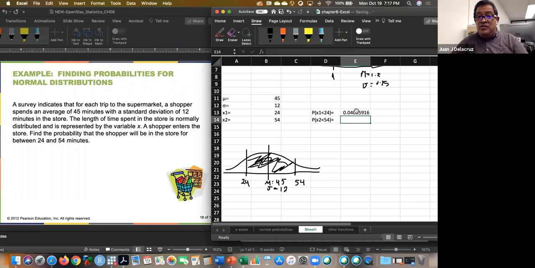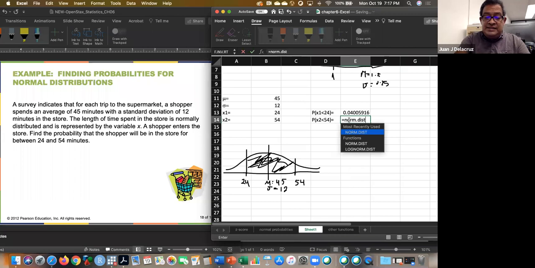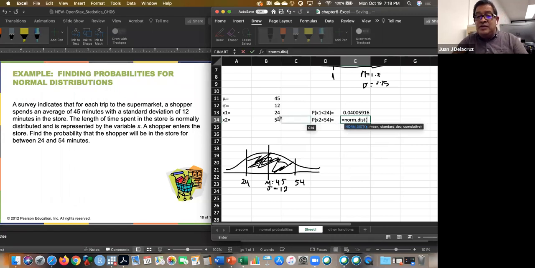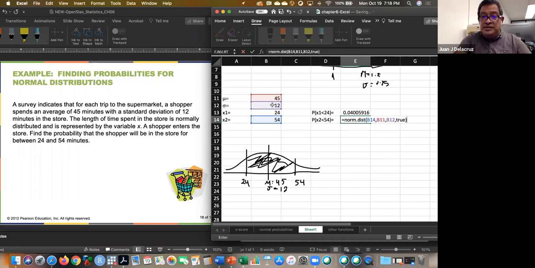So this is the value of 24, and the value of 54 is going to be equal to NORM.DIST. So the value of X is going to be 54. Then the mean, once again, 45, the standard deviation 12, and the value is TRUE, right?